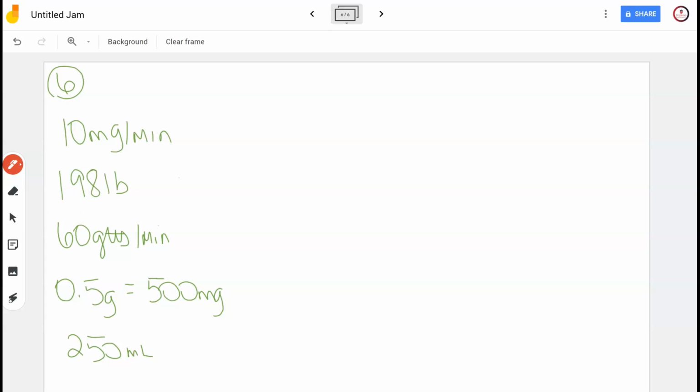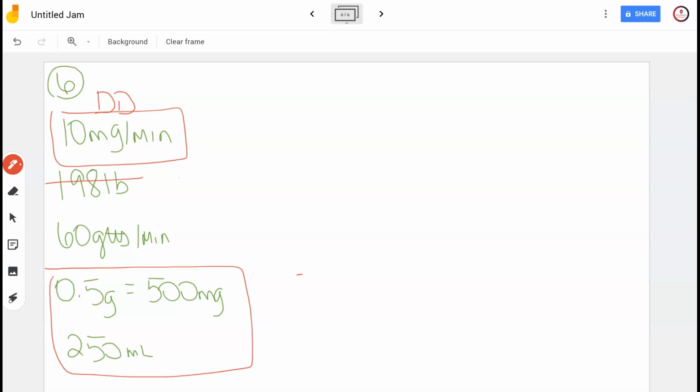So first things first, no one cares how much this guy weighs, right? Your desired dose does not ask you about weight, so no one cares how much this guy weighs. You want to figure out what your dose on hand is, though.